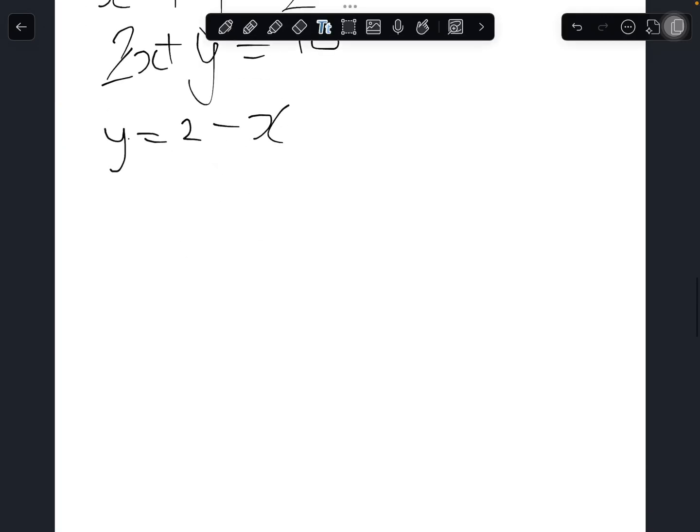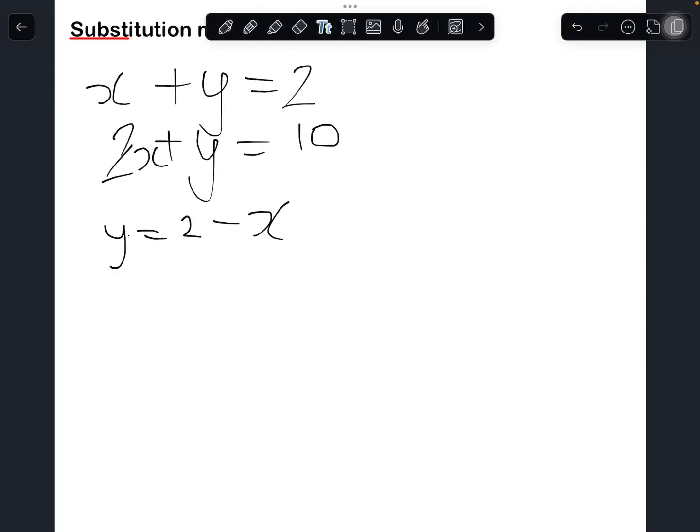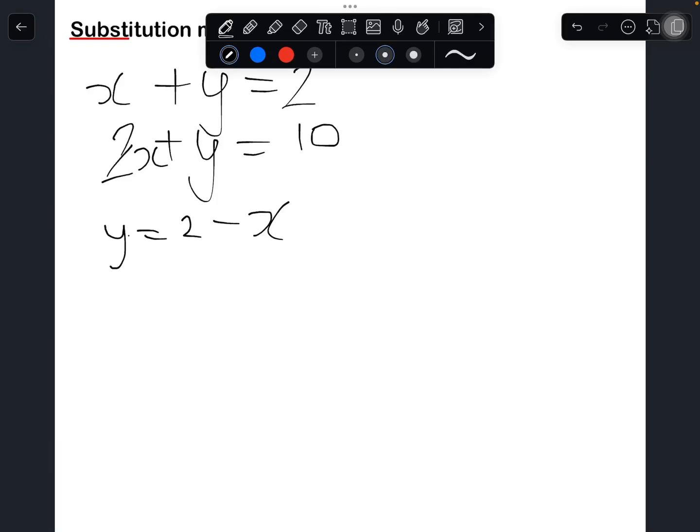Both these equations are related to each other. Since we know that y equals 2 minus x, we can then substitute this y in. So we'll have 2x plus 2 minus x equals 10.